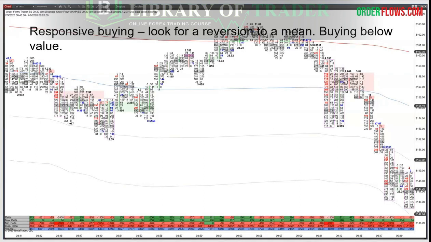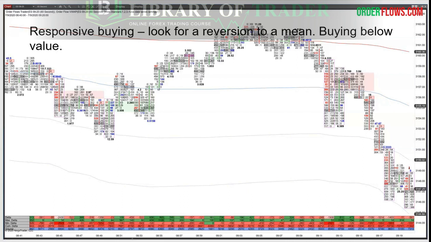Now, when you think of initiative and responsive trading activity, it's going to determine what kind of trading is going on. So when you see responsive buying or responsive selling, you're going to be looking for a reversion to the mean, because people in responsive buying are buying below value, looking for the market to revert back to the mean.